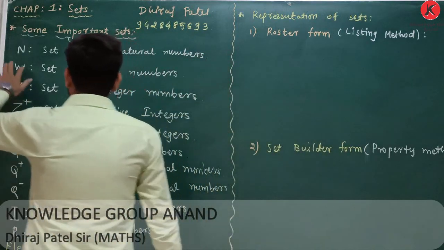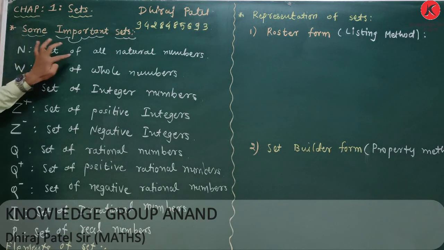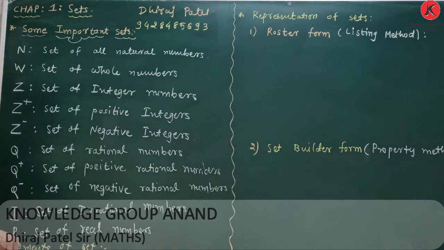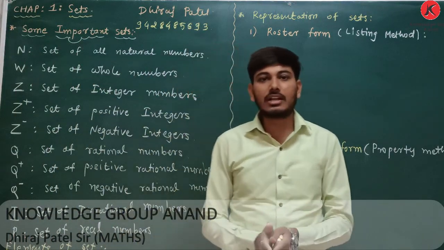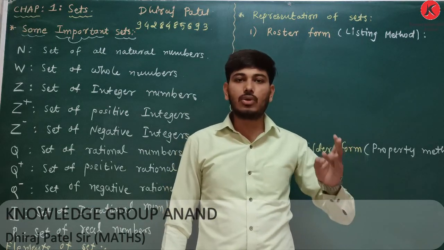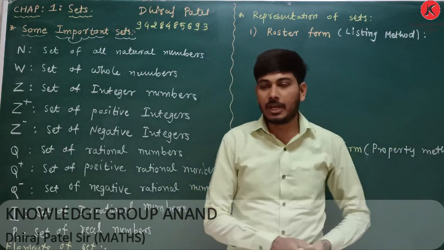Now, we know that capital N represents the set of all natural numbers. And we know which are natural numbers: 1, 2, 3, 4, 5, 6, 7 up to infinity.